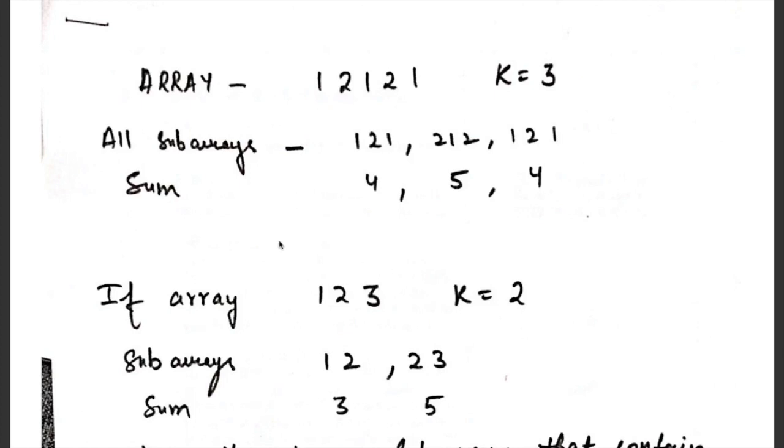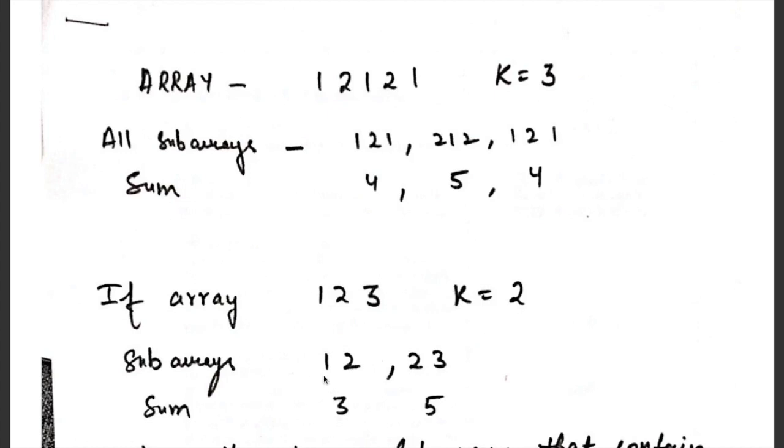Suppose we have an array like this and we have k equals 2. So the sub-arrays are 1, 2 and 2, 3. You cannot make these sub-array sums equal, as there are 3 unique elements, but the maximum length of your sub-array is 2 here.